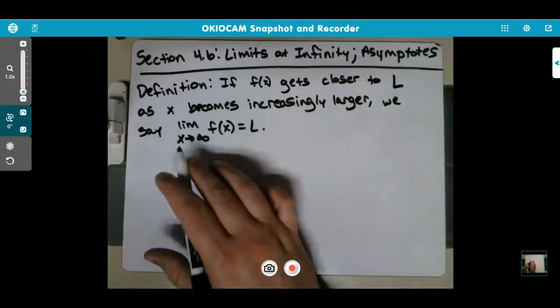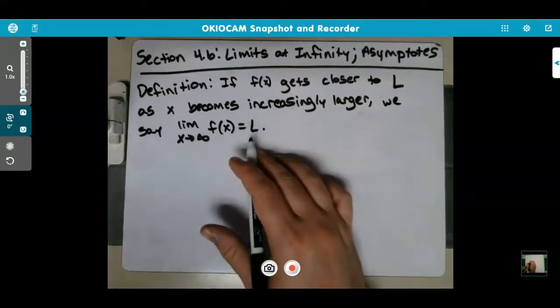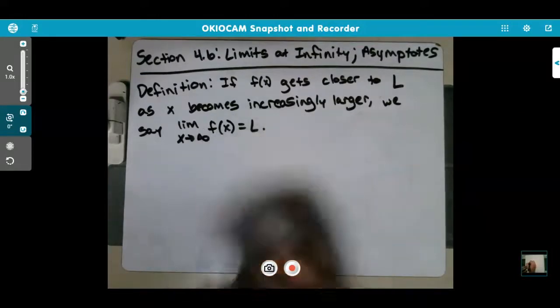As that happens, I approach something L, then we say it is equal to L.